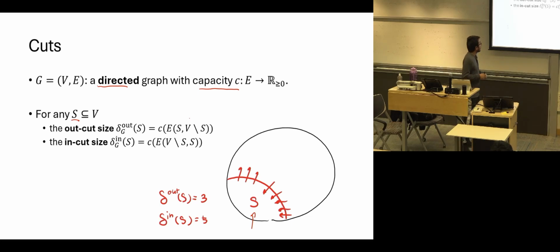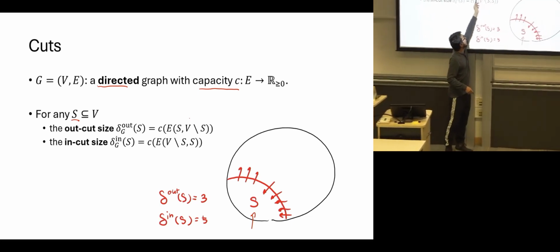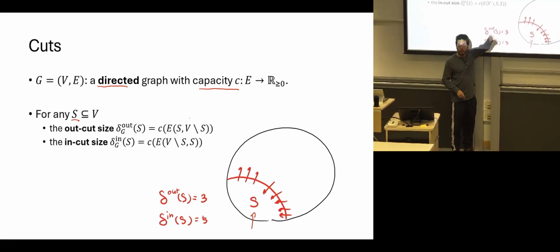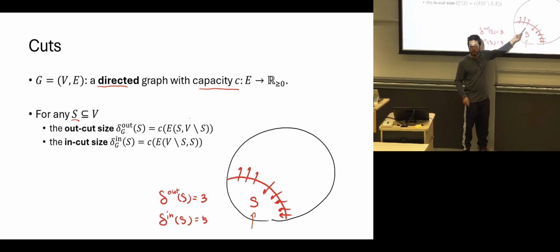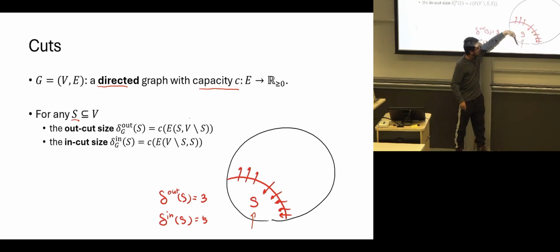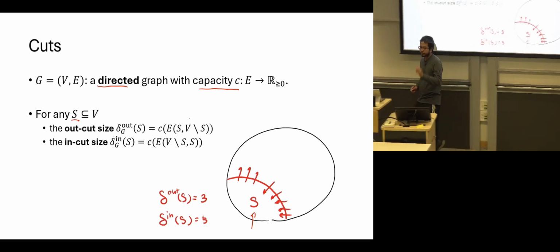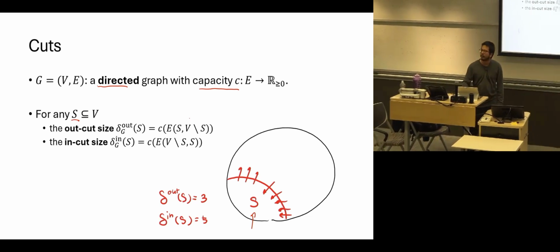The size of the out cut is the number of edges going out, or the total capacity of edges going out. In this case, the out cut size is 3 if edges have unit capacity. And the in cut size is the total capacity of edges coming into S. This is 5. That's the basic thing.